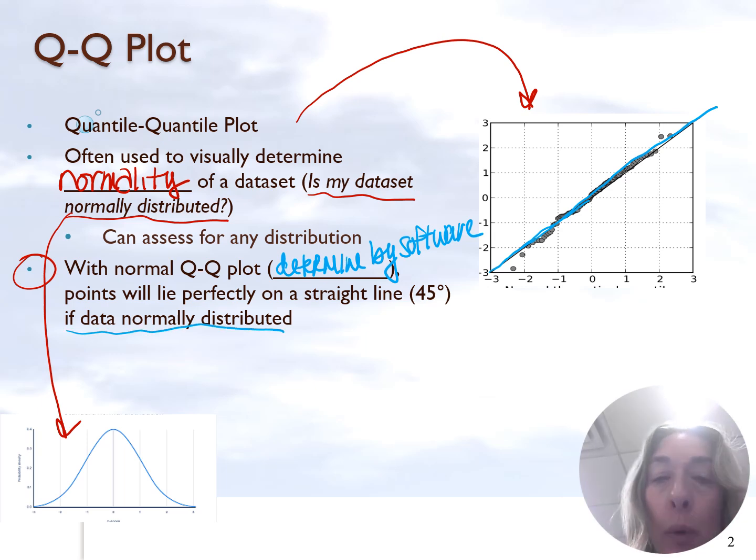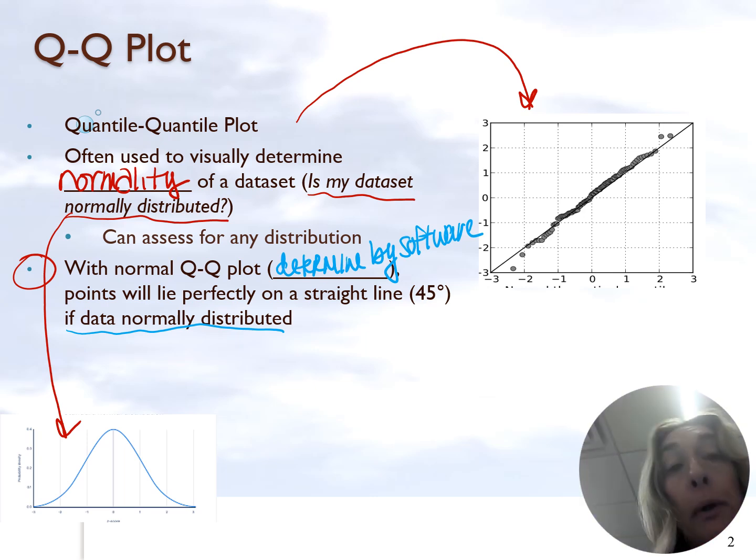So with a QQ plot in which you're trying to assess normality, your points will lie pretty much as shown on a straight line if your data is in fact normally distributed. A QQ plot is a way to visually assess whether your data approximately follow a normal distribution.